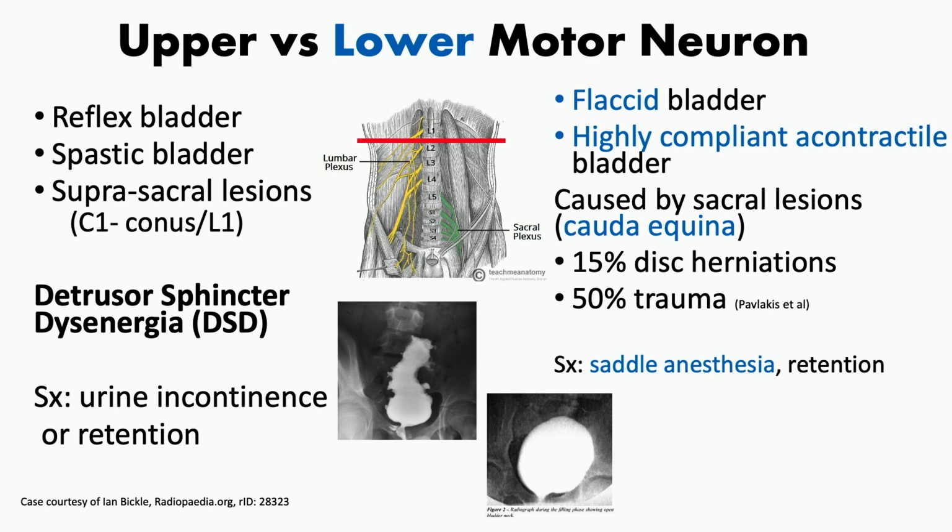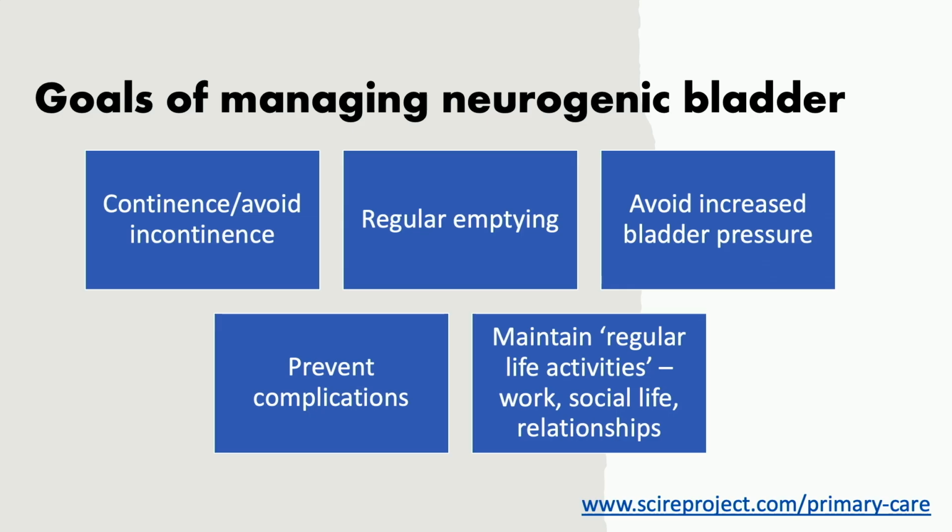These two distinctions are important because they help determine the bladder management. The goals of bladder management are continence, basically avoiding incontinence to protect the skin and hygiene, and then regular bladder emptying, which is every 4 to 6 hours. You don't want somebody emptying their bladder more frequently than that or less frequently than that.